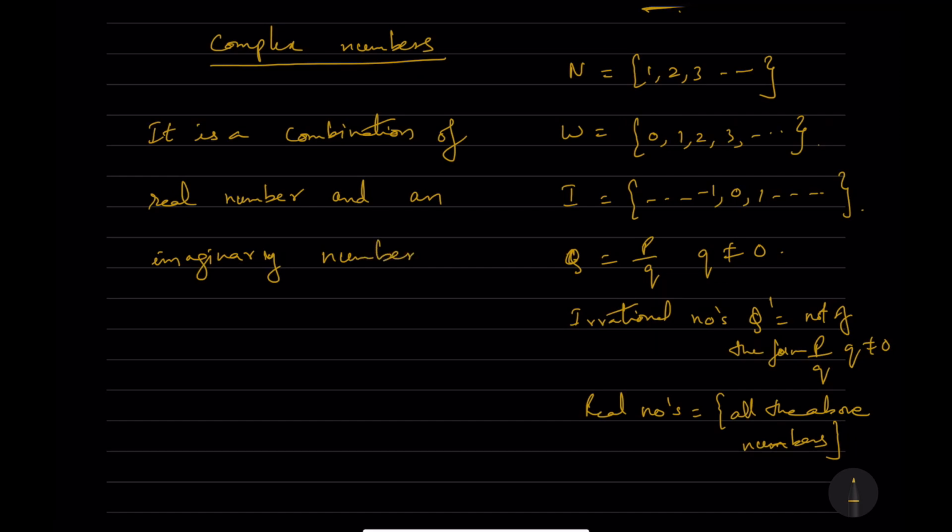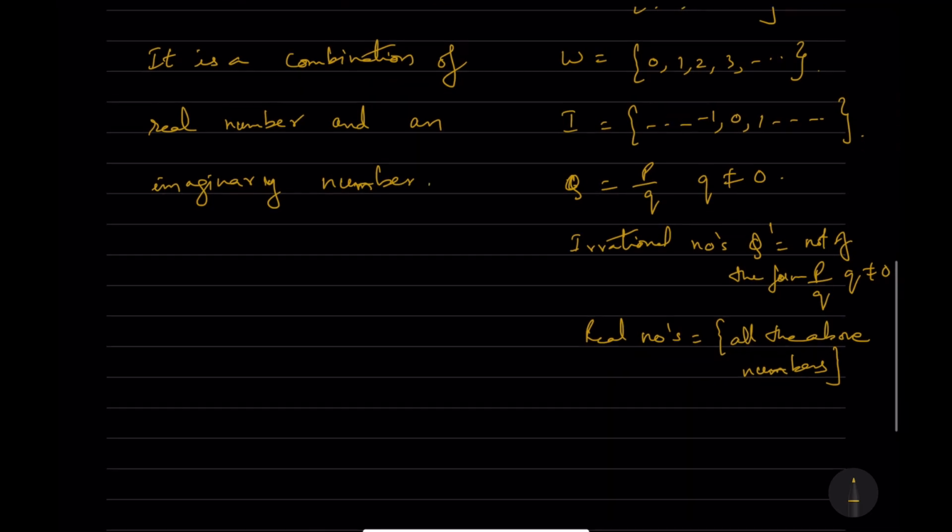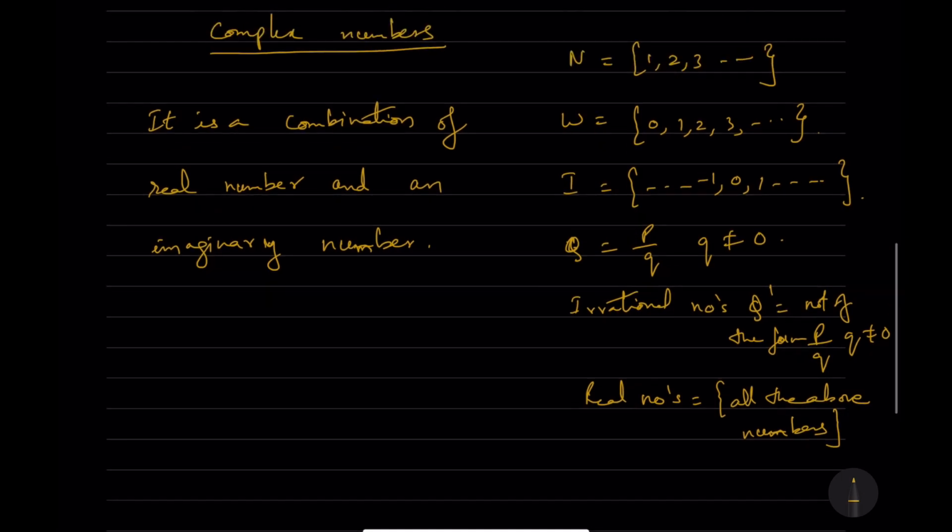So now where does this complex number come into the scene? We'll just see. Now what is this imaginary number over here? Imaginary number we denote as iota. So now where do we get this imaginary number? We'll just see. Suppose we are having root of minus 4. So this can be written as root of minus 1 into 4, right? And this can be written as root of minus 1 into root 4, which is equal to root of minus 1 into 2.